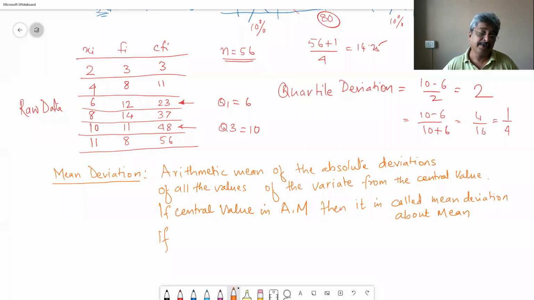If the central value is the median, then it is called mean deviation about median.